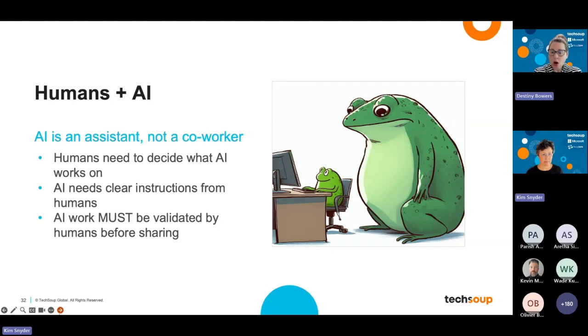So while you are deciding what the AI is going to work on, and while you need to give it clear instruction, and the better you are in doing your prompts and giving it that clear instruction to get quicker results for what you want, and that you want to review it, the nice thing is that you can just keep asking it until you get it right. But we'll talk more in the next session about how you thinking through the problem a little bit helps get better results quicker and the type of results that you want a little bit quicker.